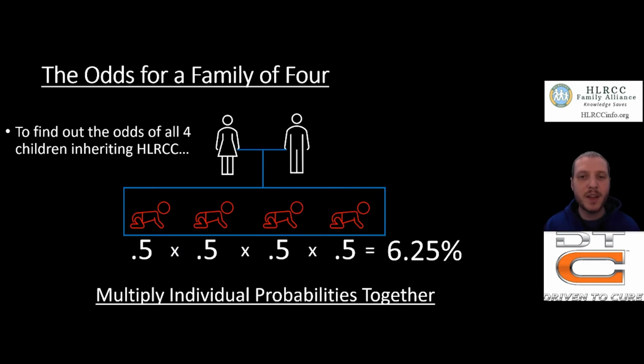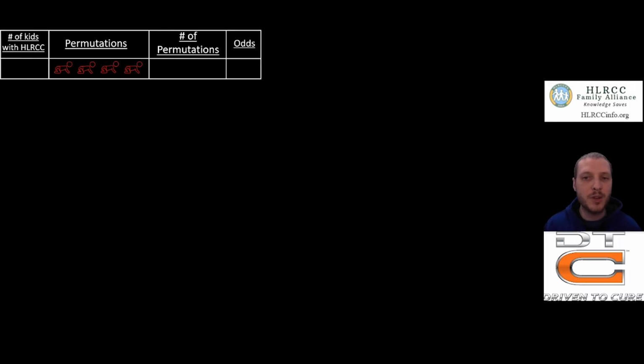Now obviously there are many other possible permutations, and by permutations I mean all the different ways in which a group of things can be arranged together, meaning sometimes you'll have a family with 2 positives and 2 negatives, or 3 positives and 1 negative. And so let's make a chart showing all these different possibilities and the odds or percentages that go along with them. In our first example, all 4 kids had HLRCC, which again, we can see them as highlighted in red right here.